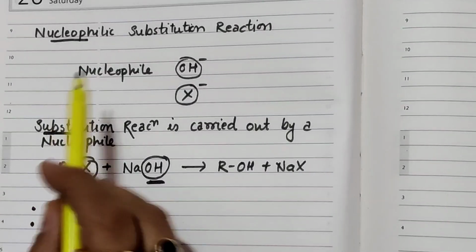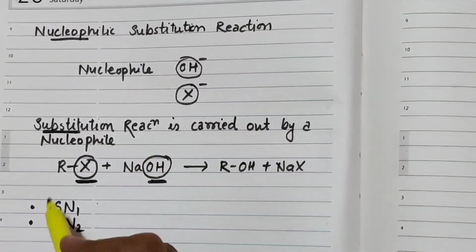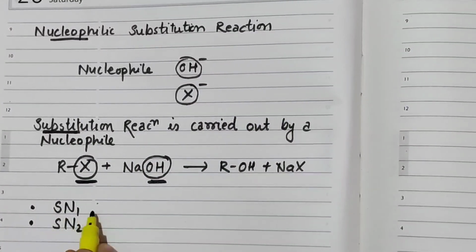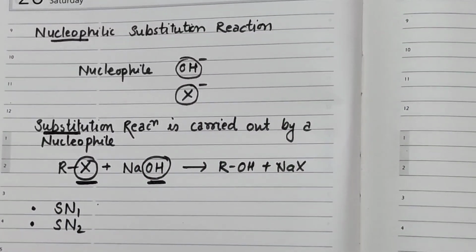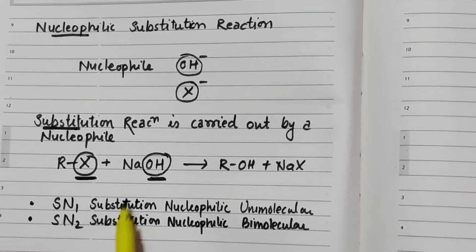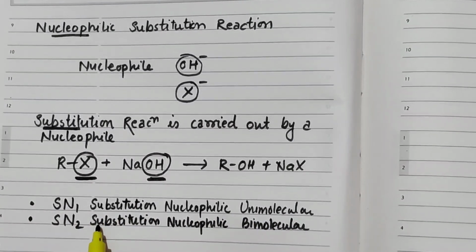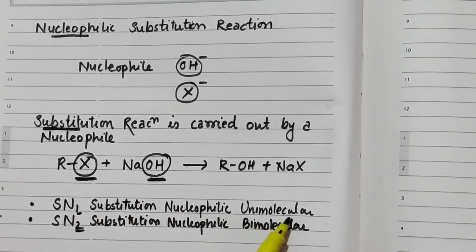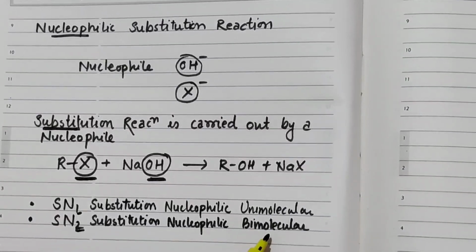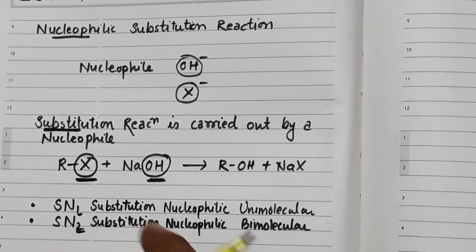Now, nucleophilic substitution proceeds by two different mechanisms, SN1 and SN2, that is, substitution nucleophilic unimolecular and substitution nucleophilic bimolecular. One stands for unimolecular and two stands for bimolecular. We will discuss each of them one by one.